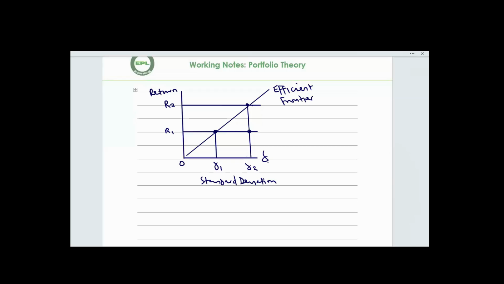Okay, then you need to label your points. You need to label each point of intersection between the risk and return. Let's say this is point A, here is point B, and then here is point C. Now, you need to explain points A, B, and C on this graph.